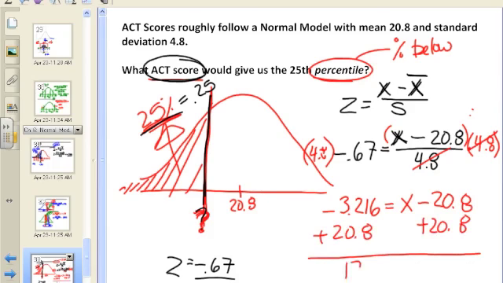And I get 17.584 is my x value. So it looks like you'd need an ACT score of about 17.5 to give you the 25th percentile. All right, so that's how we do those problems. I'm going to go ahead and go through the beginning of one more, and I'll kind of leave you to finish up the last step.